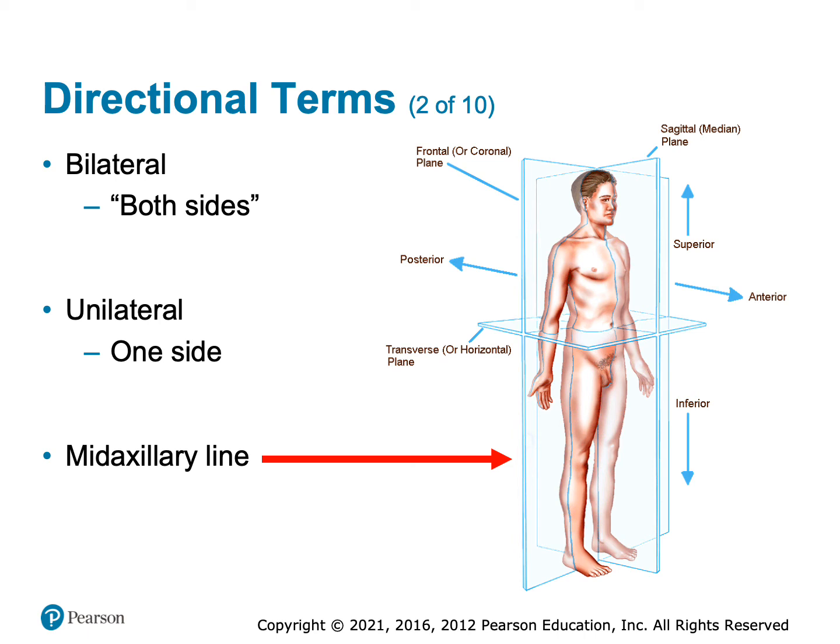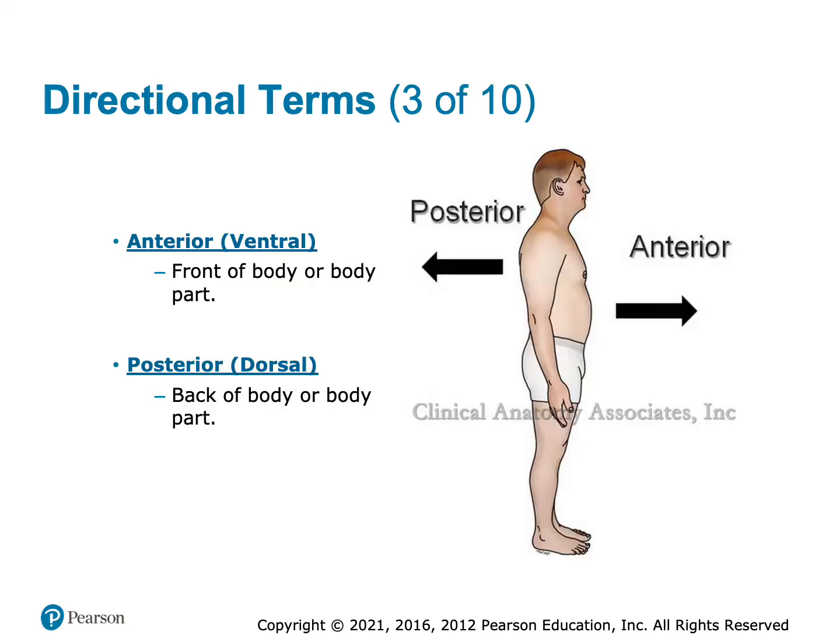Our third term here, mid-axillary line. Just like our midline, which was an imaginary line that split our body into left and right, the mid-axillary is an imaginary line that runs down our armpit, and it splits the body into front and back. Talking about front and back, we have anterior, posterior, also known as ventral and dorsal.